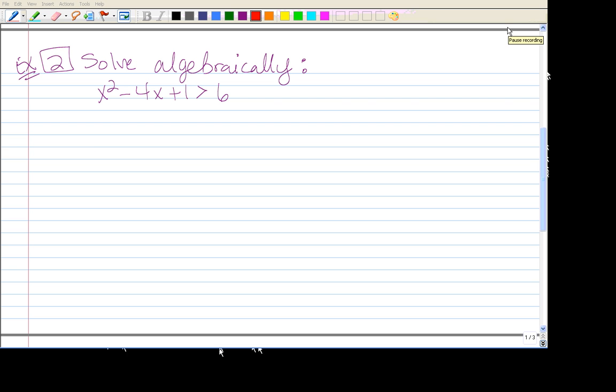Okay, let's look at this example where we're going to solve it algebraically without the graphing calculator. What we're going to do is set it up into an equation so we can solve this like we've done before. So I'm going to make this into an equal sign. X squared minus 4x plus 1 equals 6. And I'm going to solve this like before, where I'm going to subtract the 6 over. So I'm going to have x squared minus 4x minus 5 equals 0.